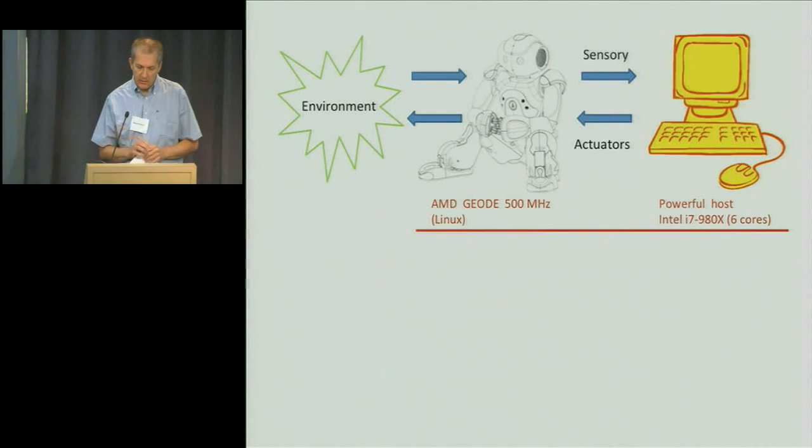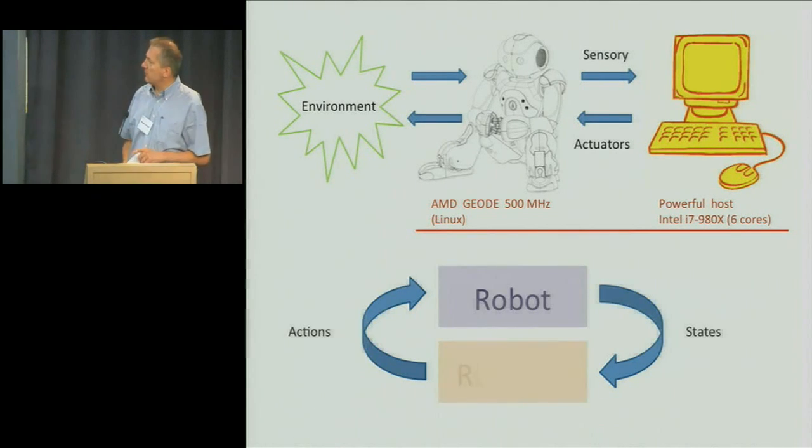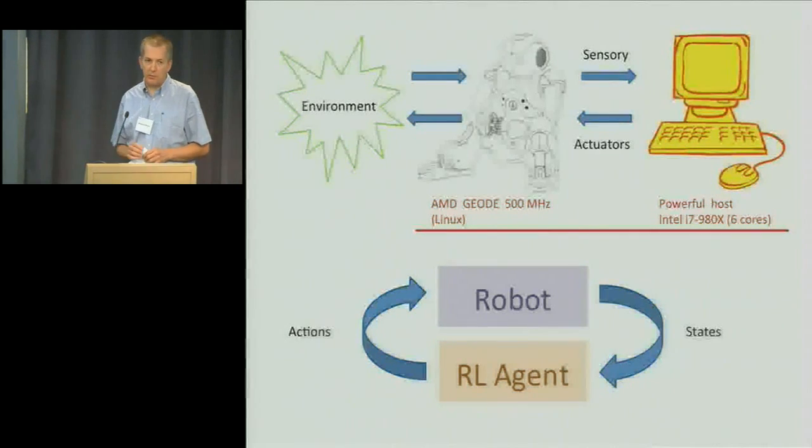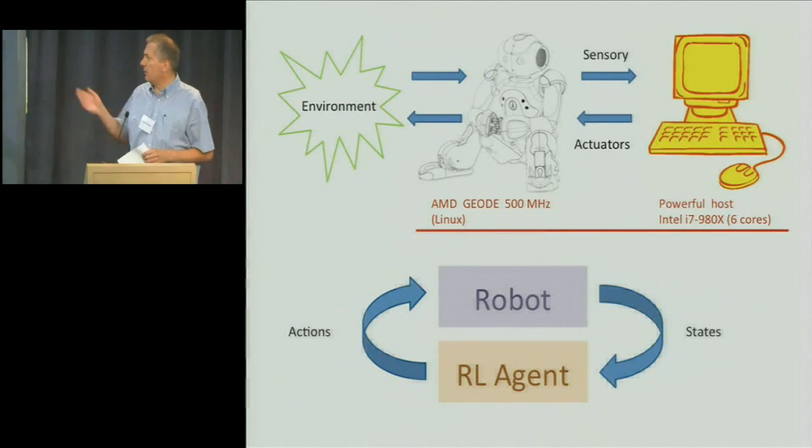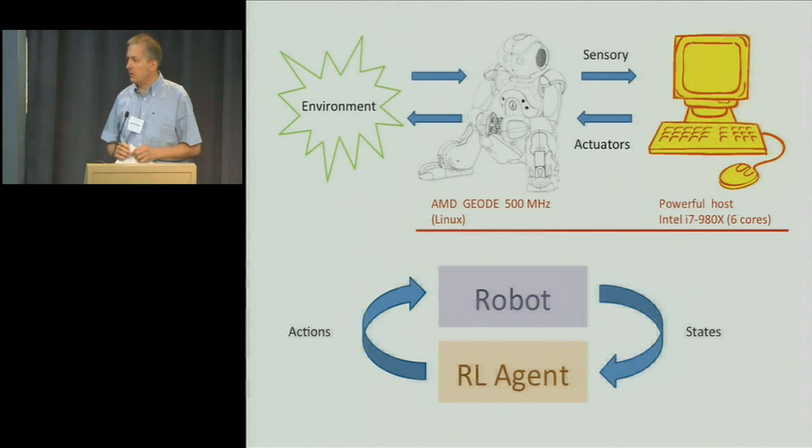And since the robot has quite limited power, we use an external host to communicate sensory and actuators, and all the processing is done on the host, and the robot is only like a forefront to communicate the sensory and actuators information. So effectively, it is a basic setting for reinforcement learning, and the objective of self-programming is to develop the program to control the robot in a possibly intelligent way.